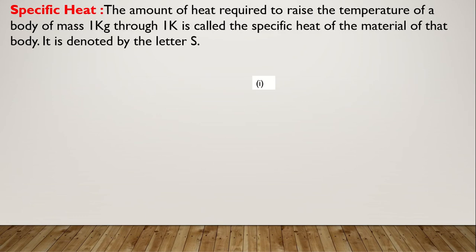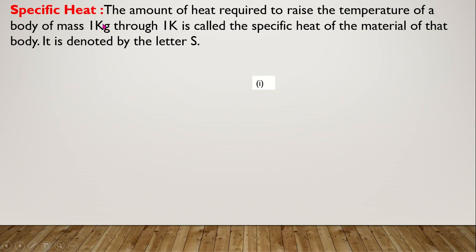Now I will explain specific heat. The amount of heat required to raise the temperature of a body of mass 1 kg. Dear students, underline this one, mass 1 kg. Heat capacity and specific heat, these two definitions are very identical, except for one difference.